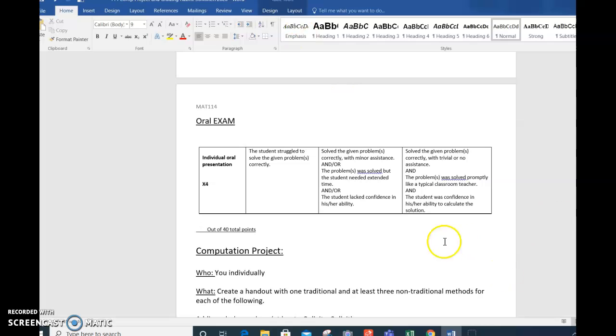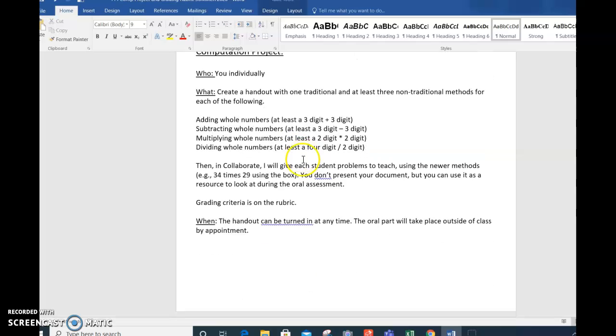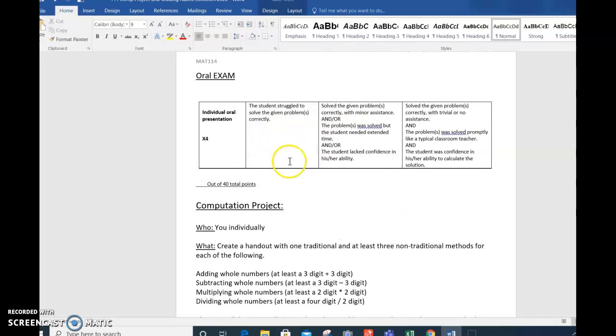So that's taking place of what I would usually have as a computation exam where you have to get 100% without a calculator, and I maybe gave you 3 chances to do that. And my goal here is, if you're nervous about teaching, you have to be in front of a lot of people, and it's not always kids. Sometimes your principal's in the room or a cooperating teacher, other people.